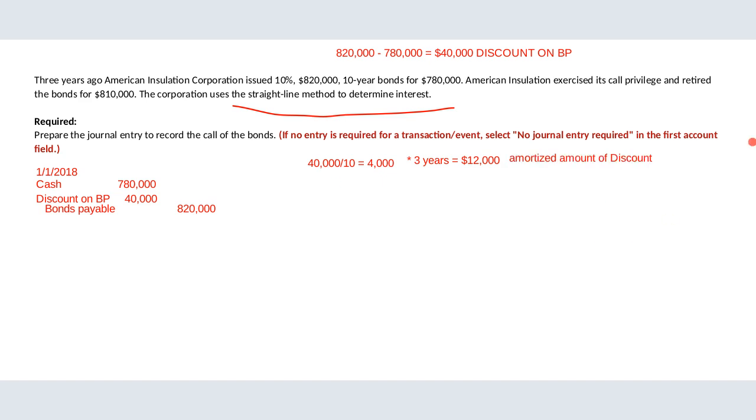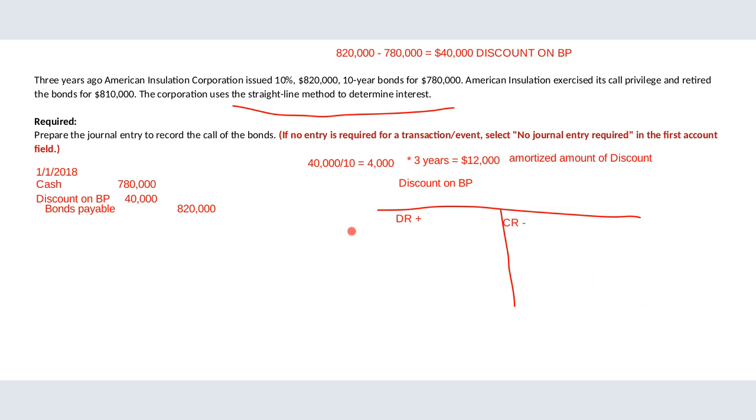So if we started with 40, this is our T account. This is our discount on bond payable. Remember that a debit increases this account and a credit decreases it.